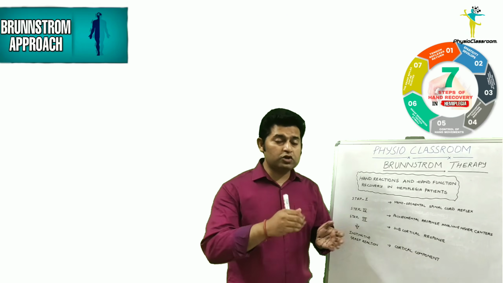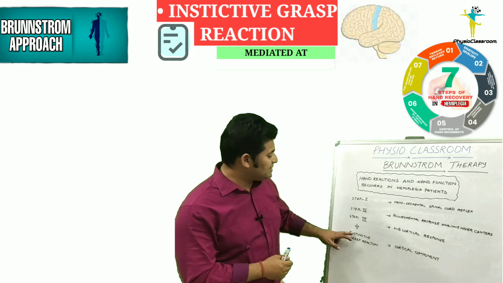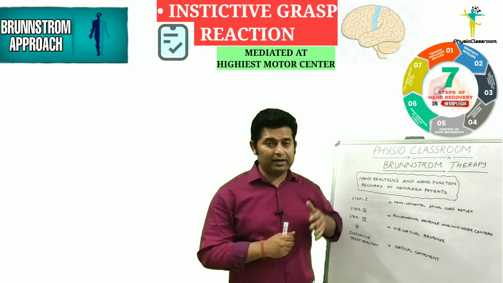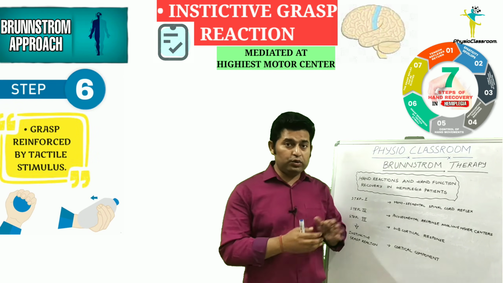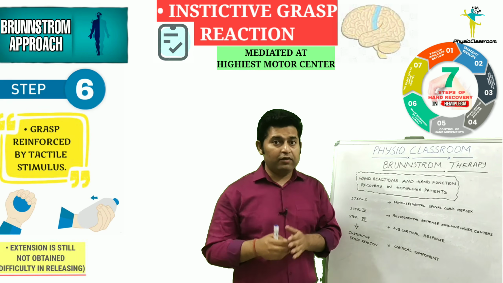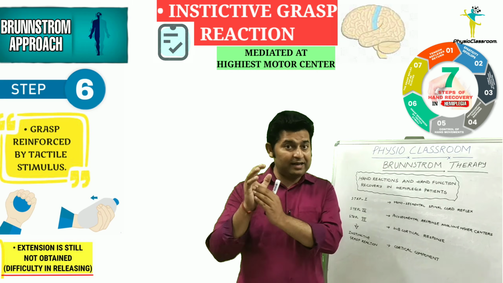Now Brunnstrom also mentions another important hand reaction, which is known as the instinctive grasp reaction, which is mediated at the cortical level. Now instinctive grasp reaction is somewhat similar to the step 6 of the development of the hand functions, which was the grasping in response to a static tactile stimuli.